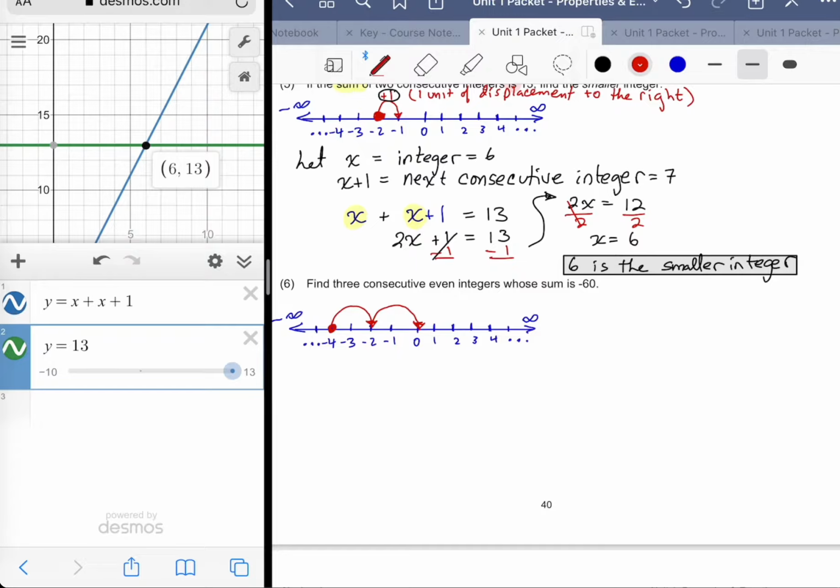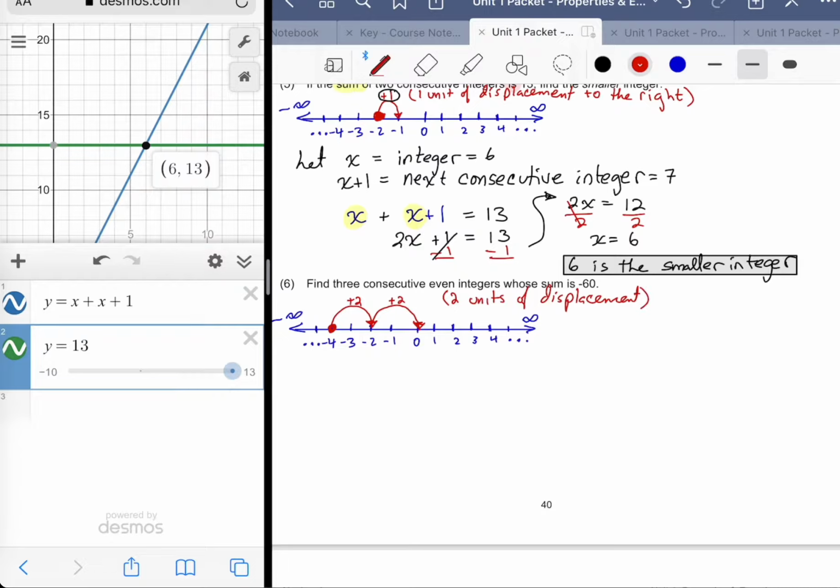All right. You see here that we're no longer dealing with 1 unit of displacement. All right, we had to hop over an odd number to get to the next even number. So that's 2 units of displacement. All right, so 2 units of displacement.